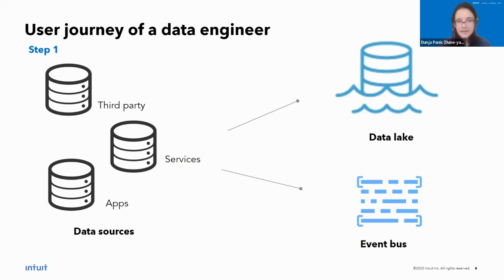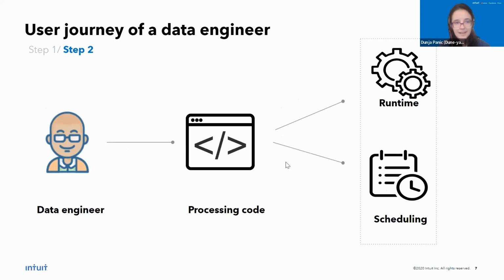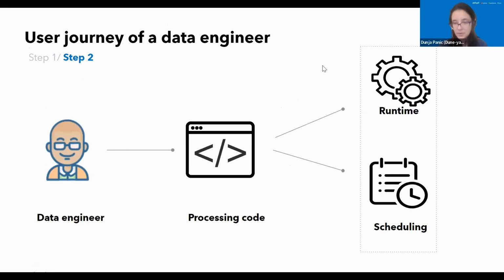It can be third-party apps or services, and that data will then get sent to our data lake or event bus, which is our event store for our streaming data at Intuit. Then a data engineer will come in and write processing code that will transform that data to meet their specific use case.